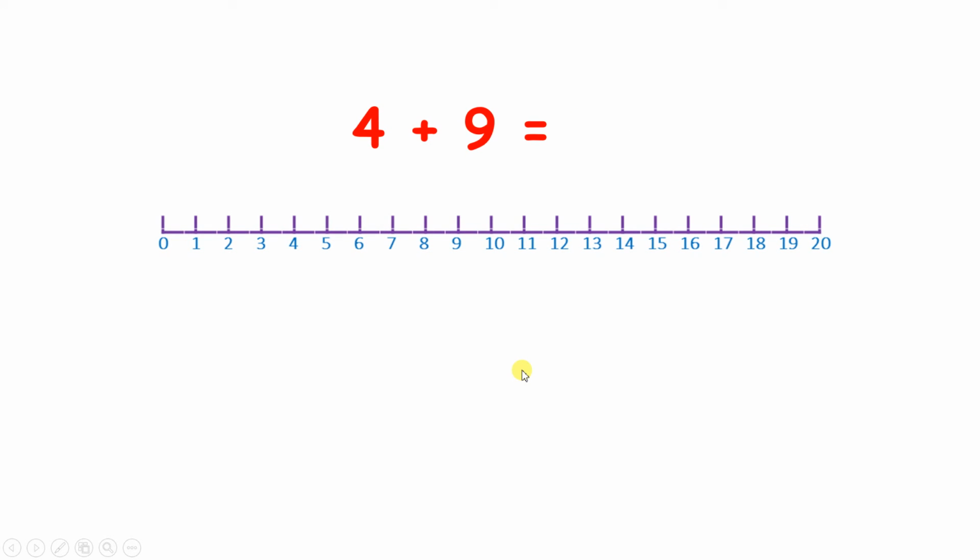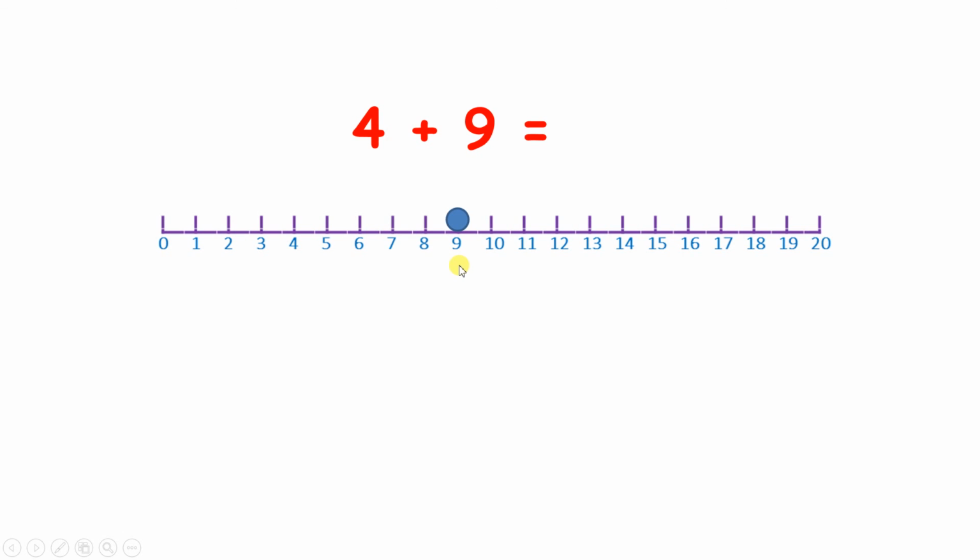Now we've got 4 plus 9. Now I could start on the number 4 and count on 9 jumps, but I'm not going to do that. What am I going to do? Well, let's start on 9, because 9 is the larger number, and it's easier to start on the larger number.